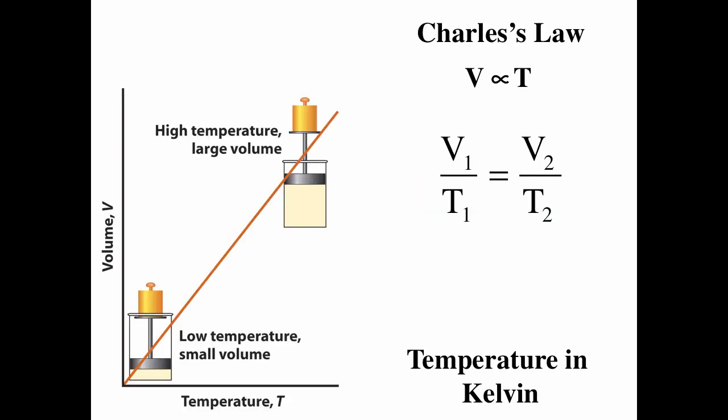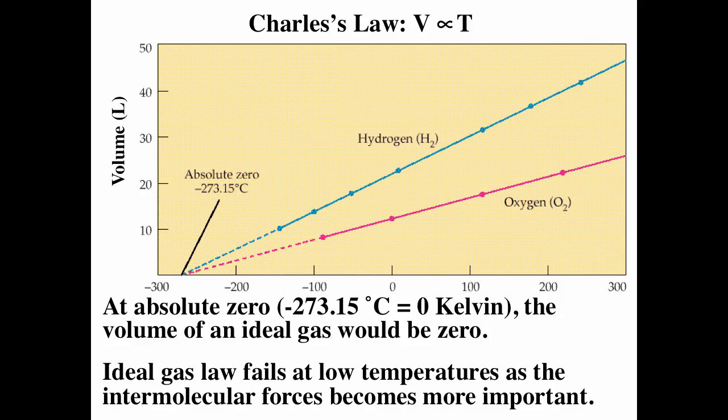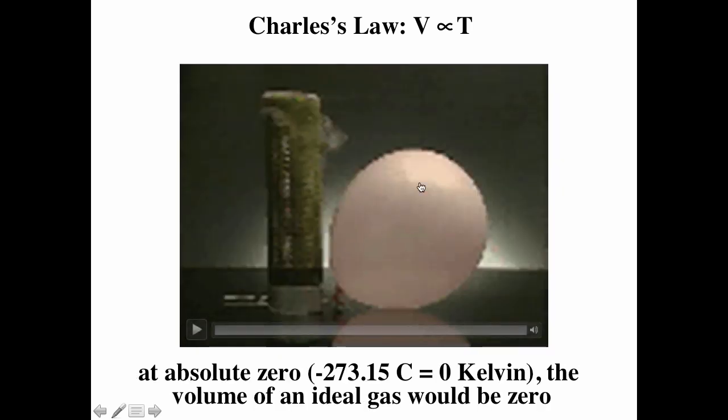And so we see that volume and temperature are linearly proportional. Again, gases, before they get down to 0 Kelvin, will stop behaving ideally. So eventually, hydrogen will stop behaving ideally. Oxygen will stop behaving ideally. And so in the balloon, the pressure inside is basically due to atmospheric pressure, and so you'll have a constant pressure. The number of moles is constant because it's a sealed system.